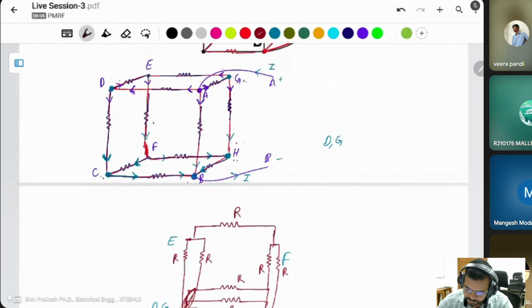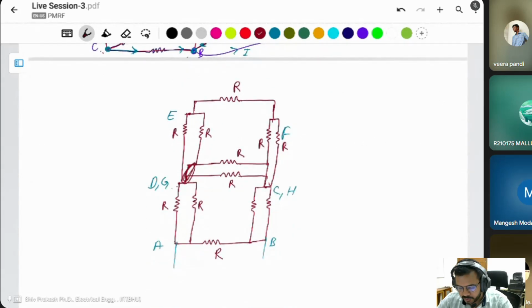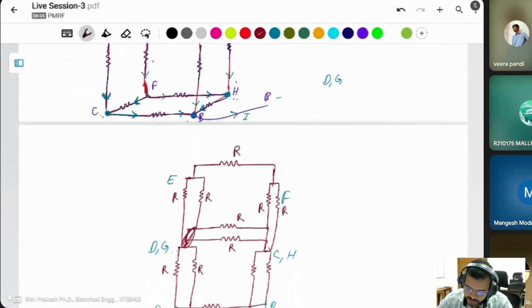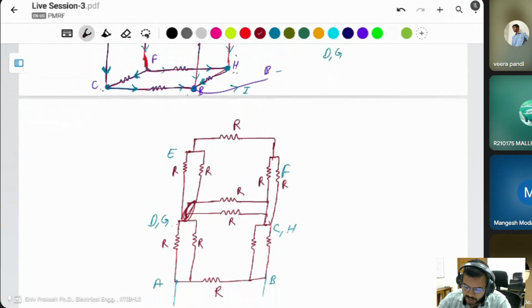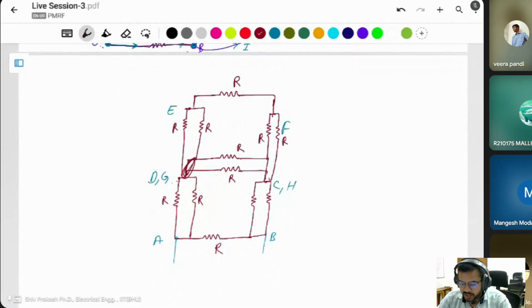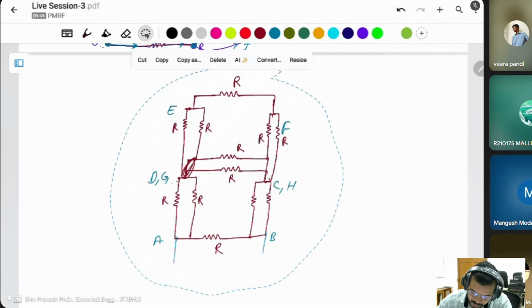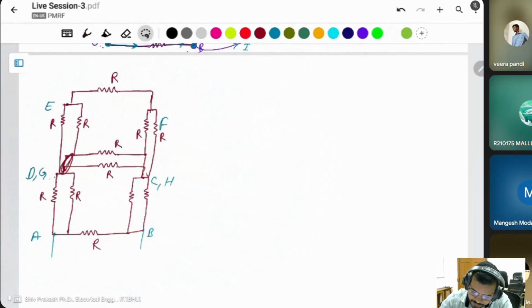These are not two resistances between them. This whole circuit looks like that. If you find the equipotential, then you can draw the same circuit like that. Then you can draw the circuit: resistance R here.